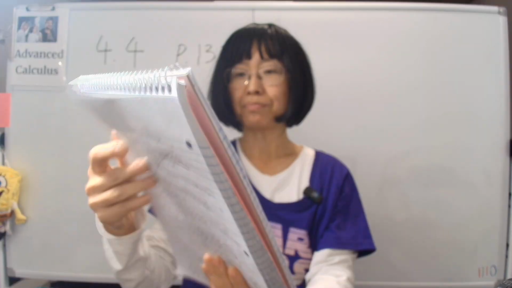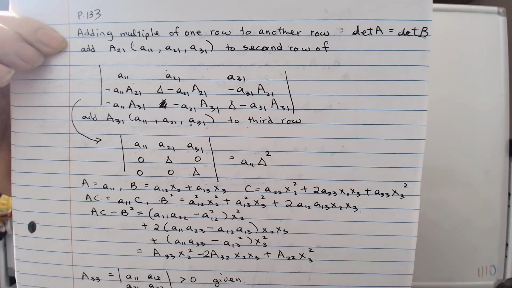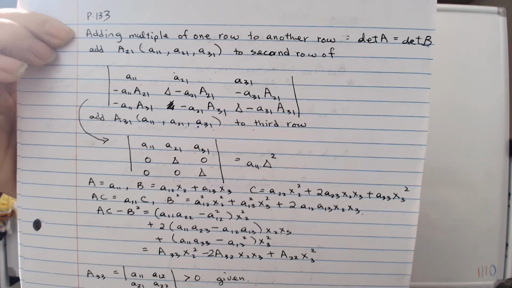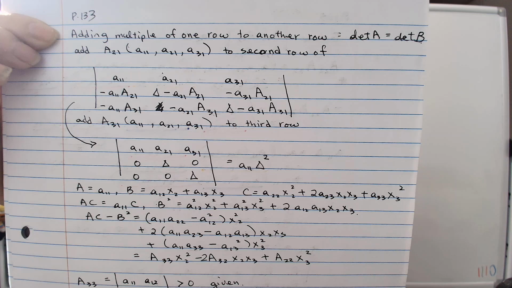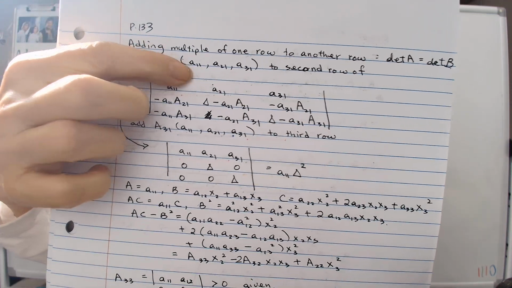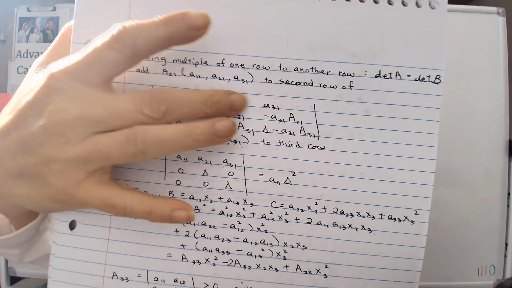So to make the triangle appear, what we're going to do is pull that trick where we add multiples of one row to another row, because when you do that, the determinant doesn't change. So we're going to add A21 times the first row. This is the first row, right? Yeah, this is the first row.